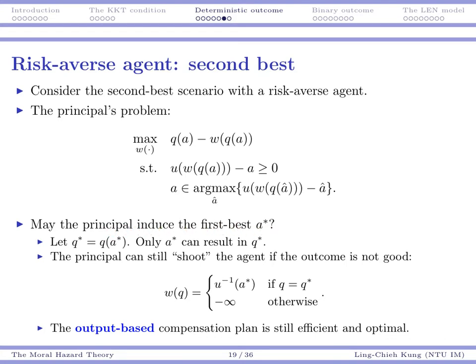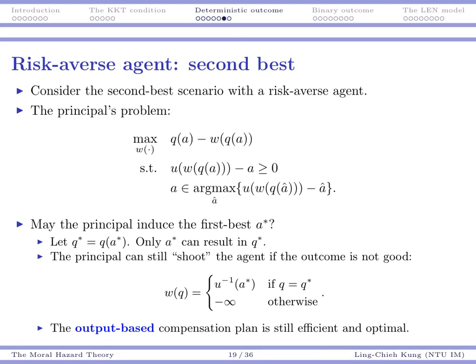Well, we play the same trick. I know what A star should be, then I know what Q star should be, the expected ideal outcome. Then again, all I need to do is to shoot the agent if the outcome is not good. If the outcome is good, pay you what you need. Otherwise, shoot you. So the output-based compensation plan is still efficient and optimal. The two scenarios are either a risk-neutral agent or a risk-averse agent.